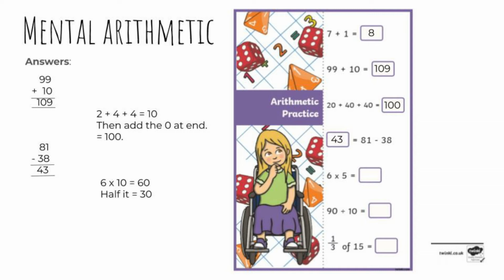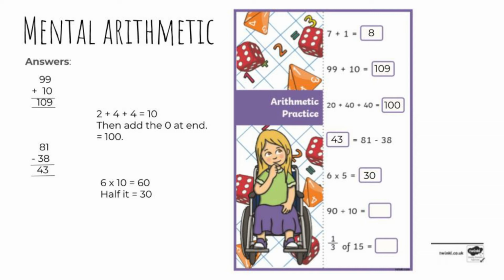So 6 times 10 is 60. Then we half it. That gives us 30. So 6 times 5 is 30.